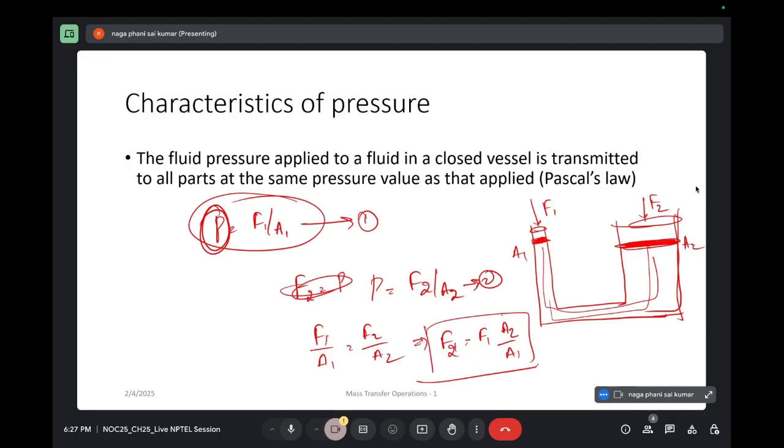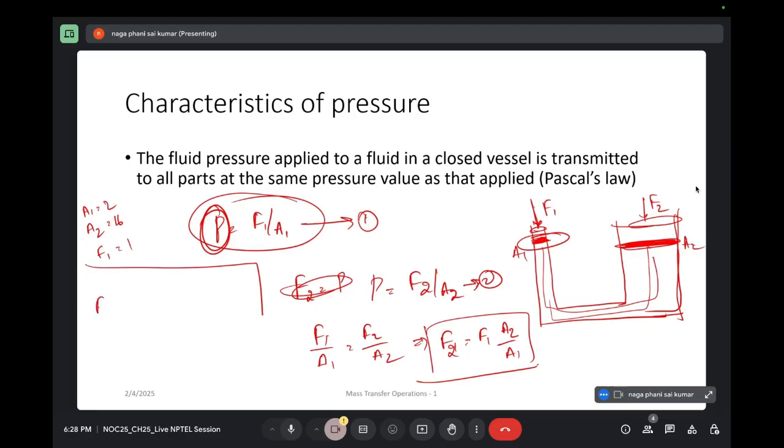So this means if you apply a small amount of force here, let's take it in terms of numericals as well. Let's say A1 is 2, A2 is around 16, and you are applying a force of 1 Newton on a plate which has 2 meter square area. So what is the force that is going to be produced on the other end?